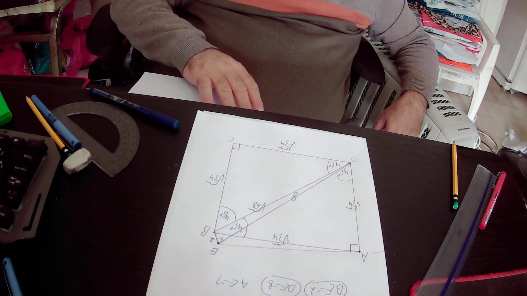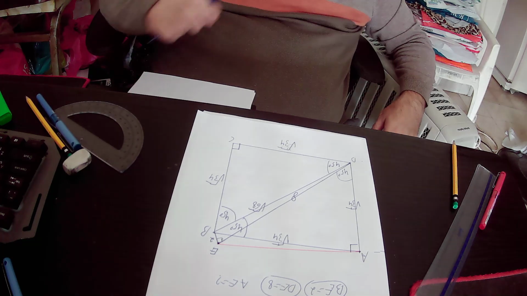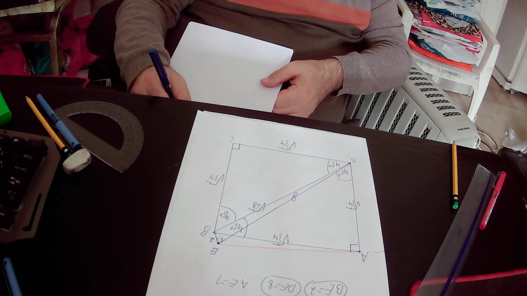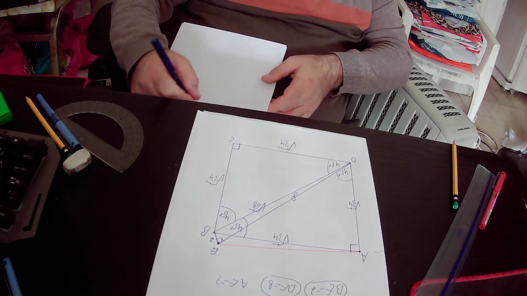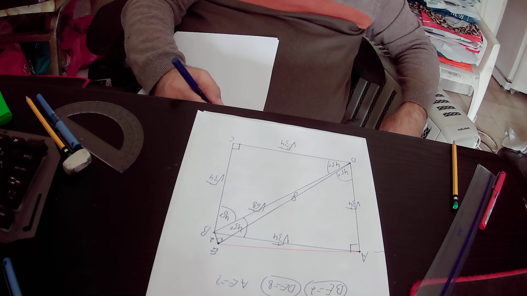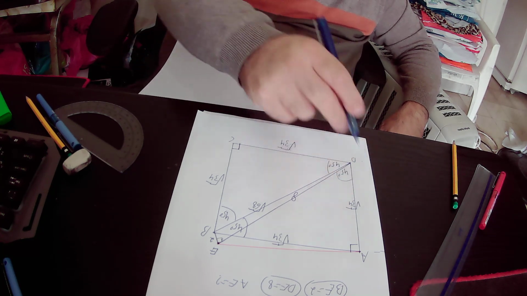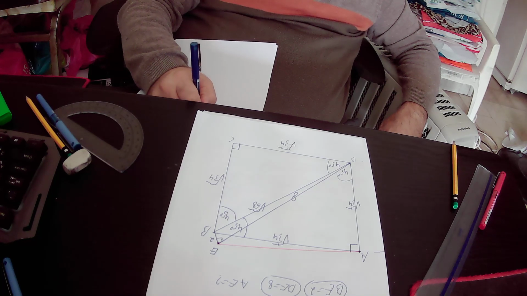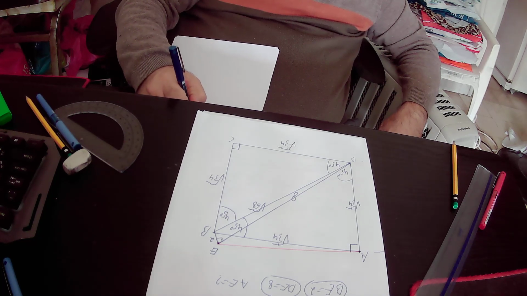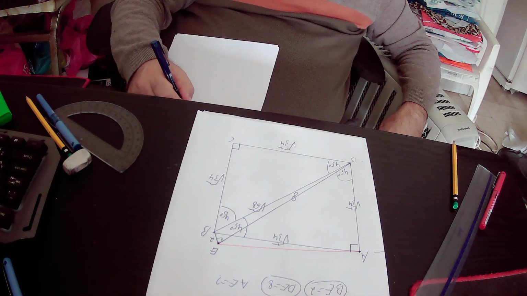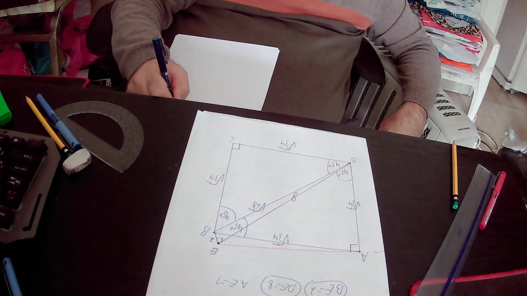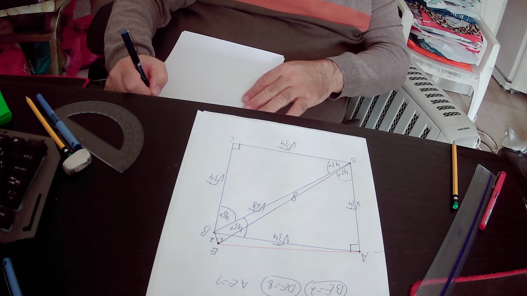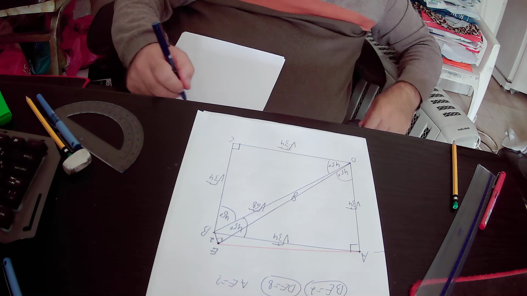So I will write it down. Angle DAB, this angle that equals 90 degrees, subtends on line segment DB.